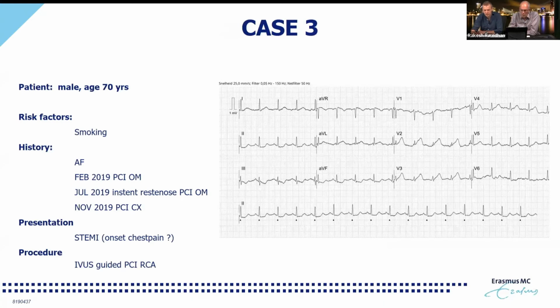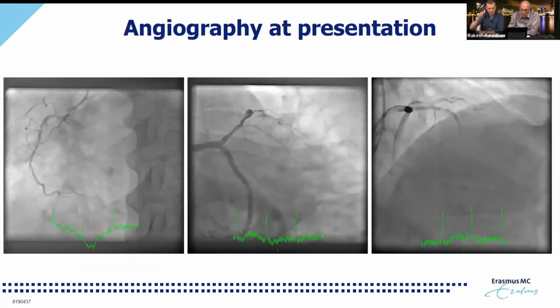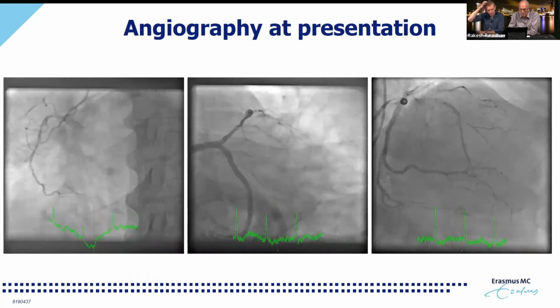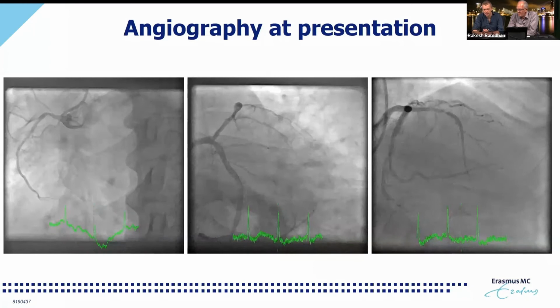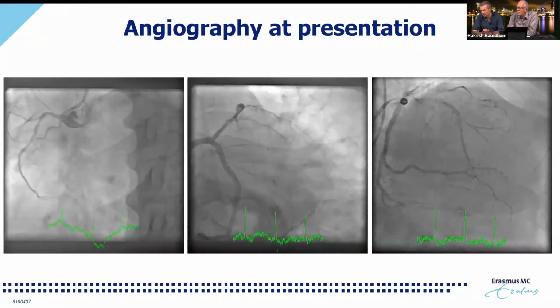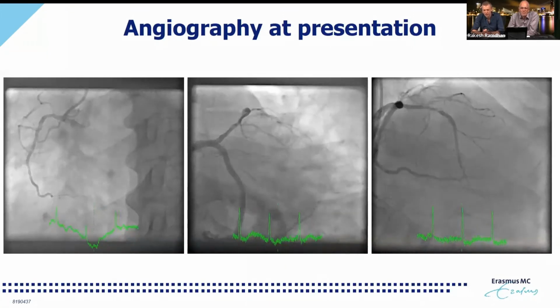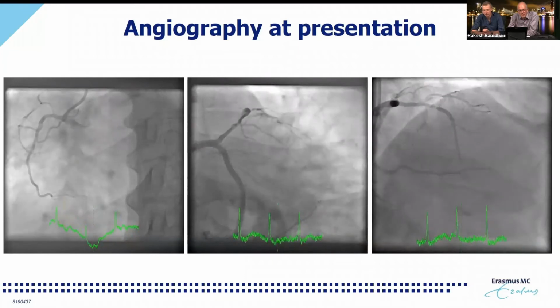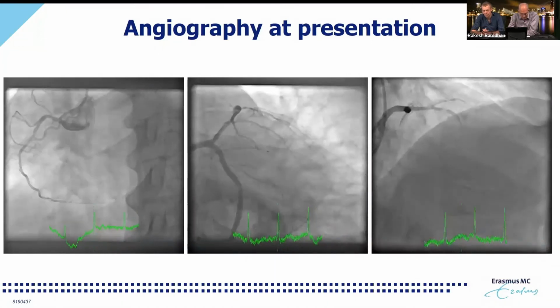And this patient then had an angiogram in which we found a left dominant system with diffuse disease in a small right, a patent left main and circumflex, an occlusion actually of the stent in the obtuse marginal branch, and as you can see in the right panel, a subtotal lesion in the mid part of the LAD.